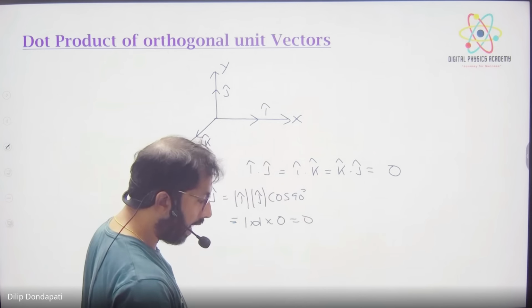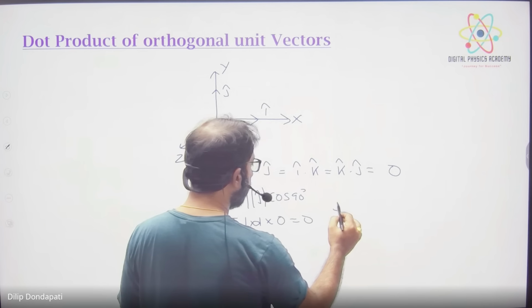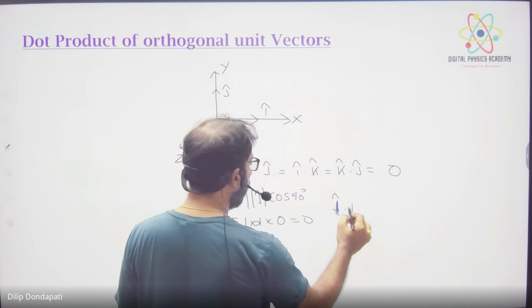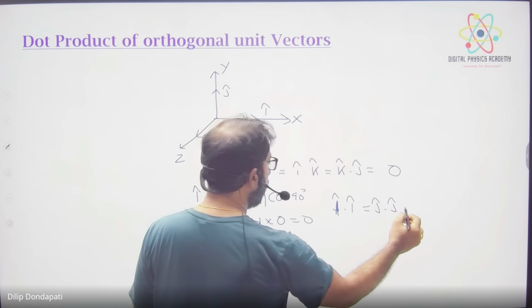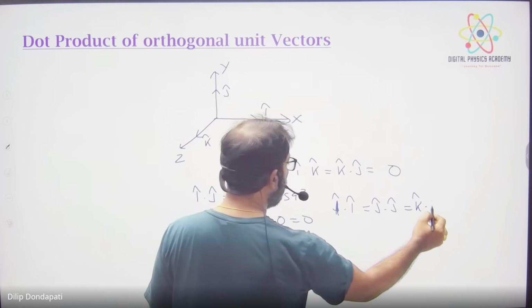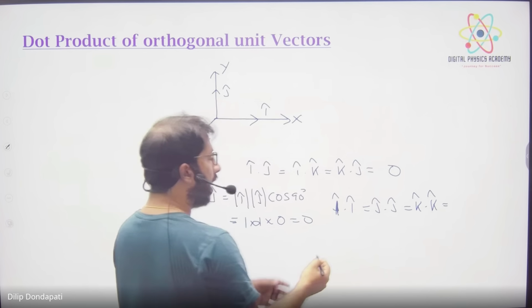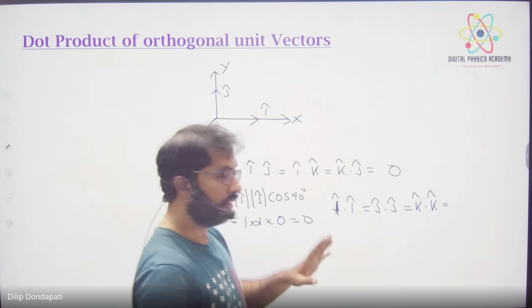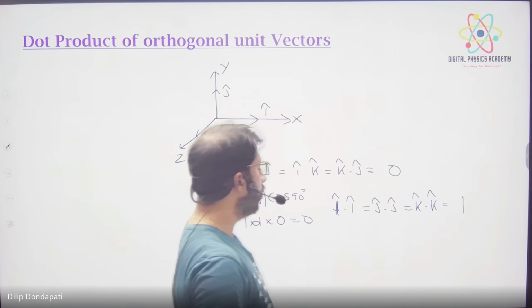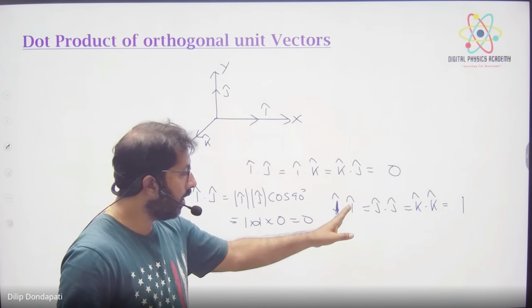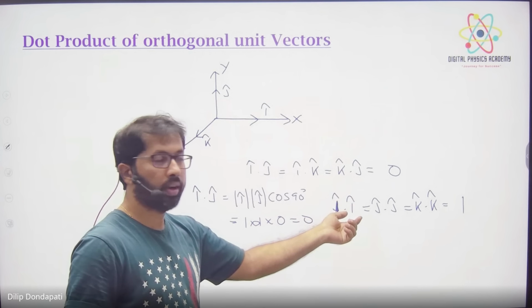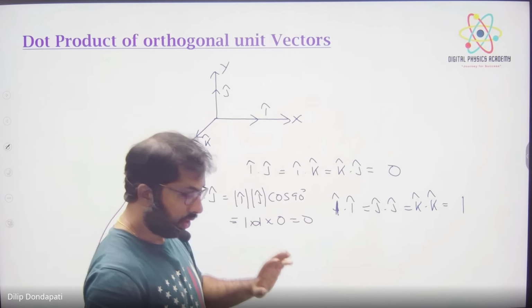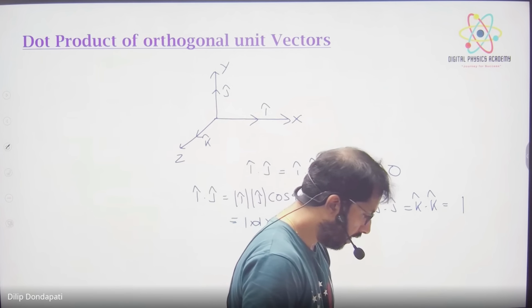Now tell me I dot I, j dot j, k dot k. Value is how much? 1. Because magnitude of I is 1. So mod I cos 0, cos 0 is 1, mod I is 1. So 1 answer. So always apply dot product का easy हो जाएगा.